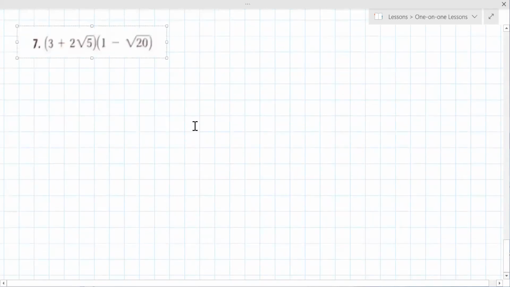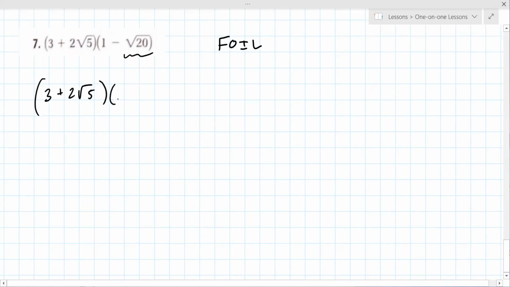Okay. All right. So this one is a FOIL. You have the choice to reduce the square root of 20. In this case, it actually is a good idea to do that, because it becomes a square root of 5. It becomes 2 square root 5. If you don't do that, you'll still get the right answer, but you just have to simplify it later. So we have 3 minus 6 square root 5.